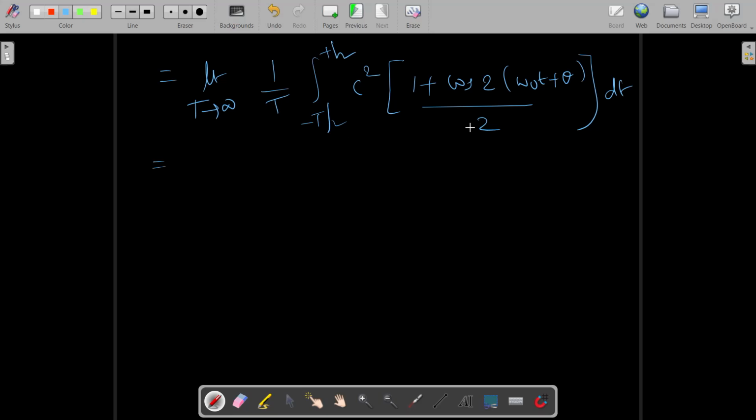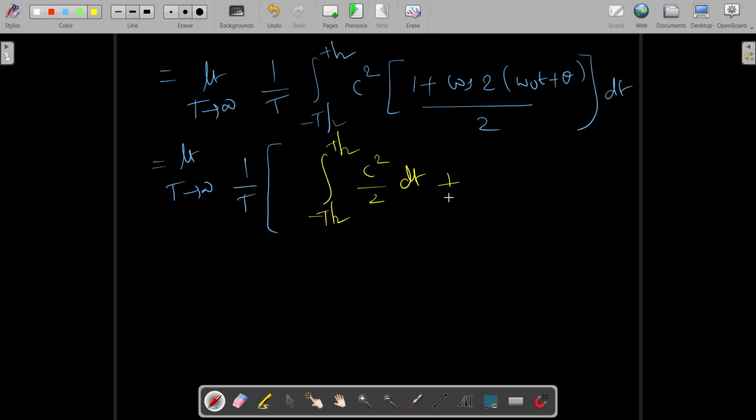So let us split this into two integrals. The first integral is from minus t by 2 to plus t by 2 of c square by 2 into dt.